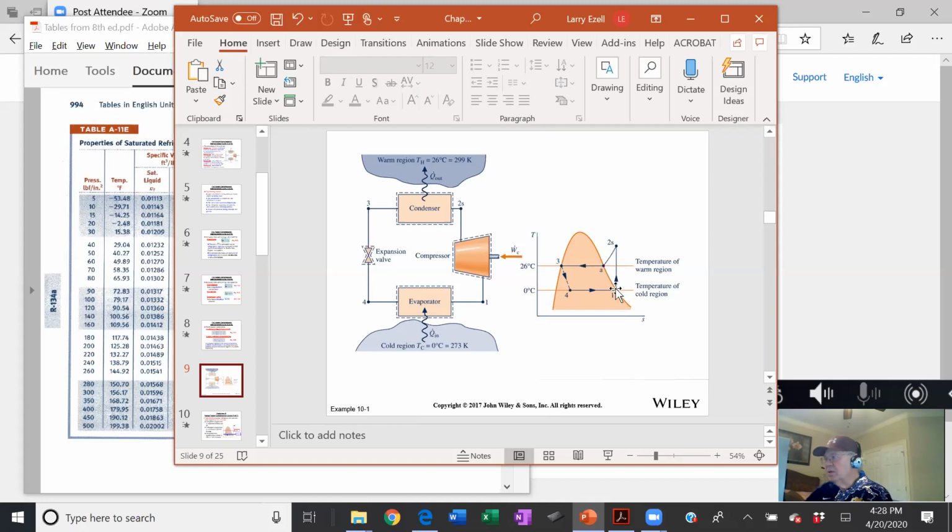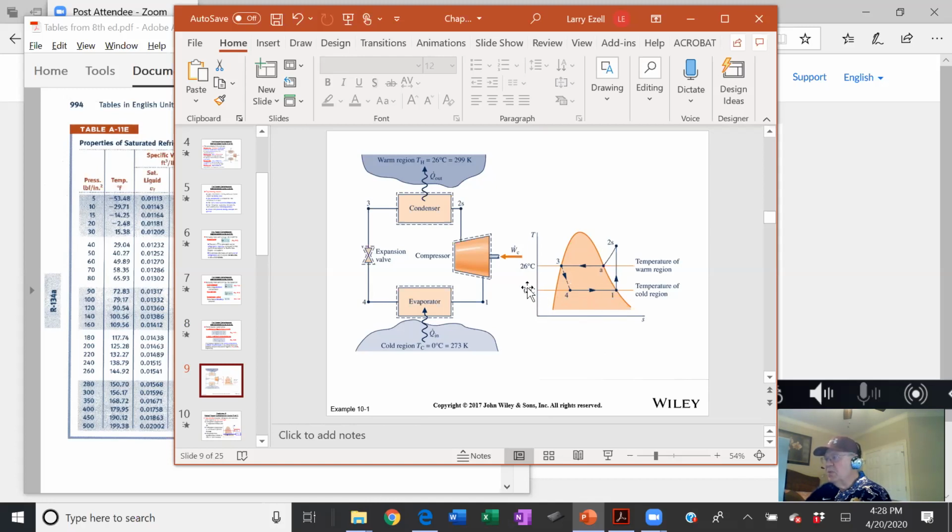The actual compression process goes up to here and intersects this same pressure line. Now again, this is the low pressure line, and they've got 0 degrees C. So that's the temperature, but through here, temperature and pressure are the same.